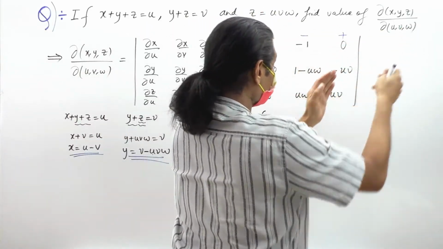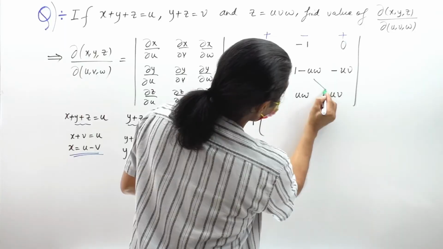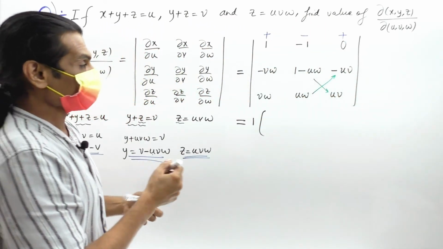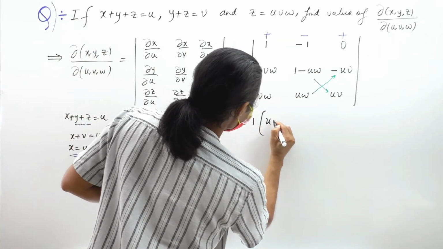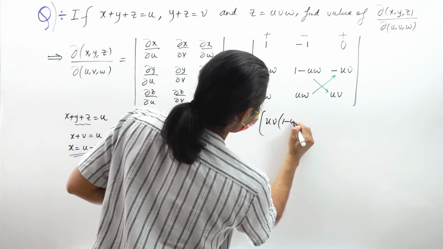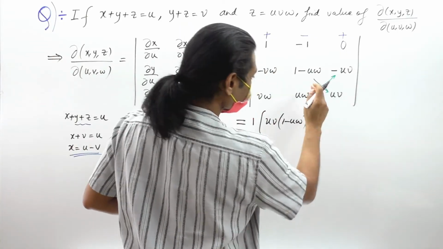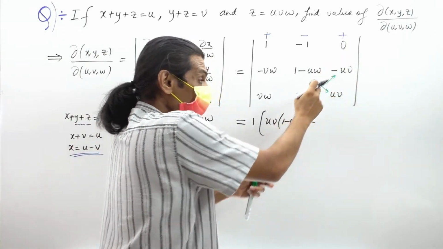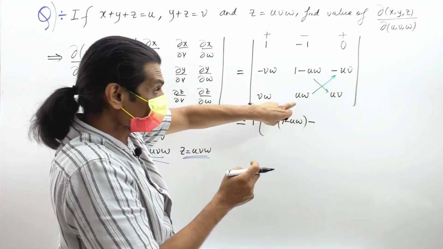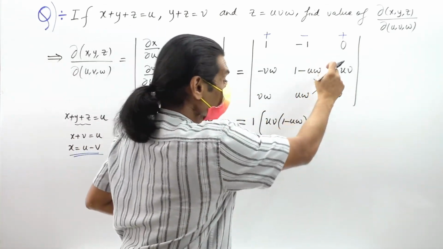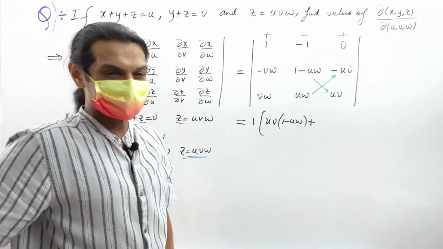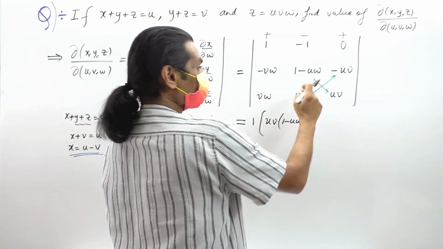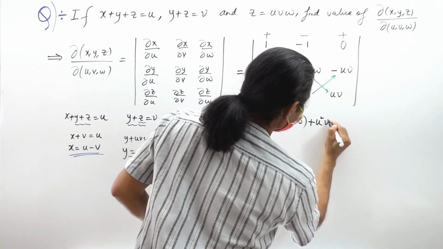So what remains is this into this minus this into this. Let us multiply it. So we have uv into 1 minus uw, minus this into this, minus uv into uw. So minus into minus becomes what? Plus. Getting it clear? So this is plus u square v w.